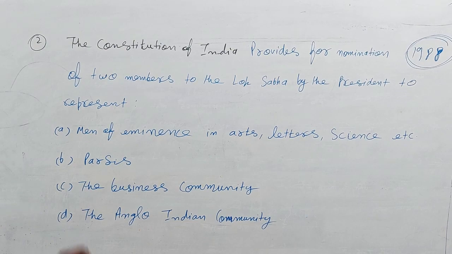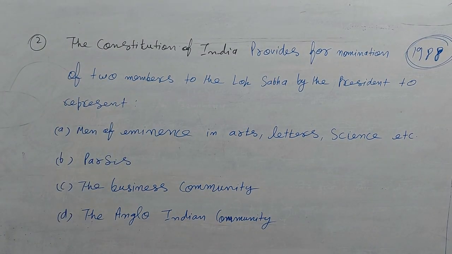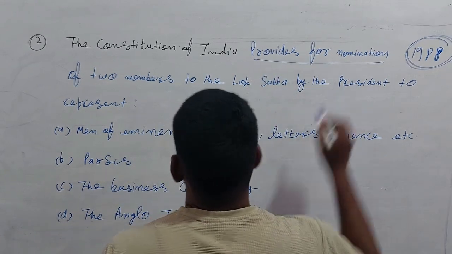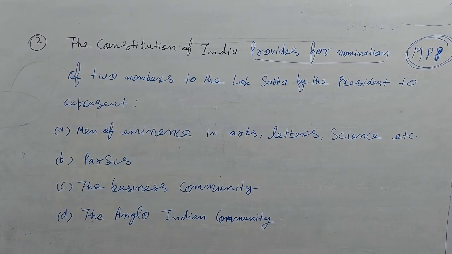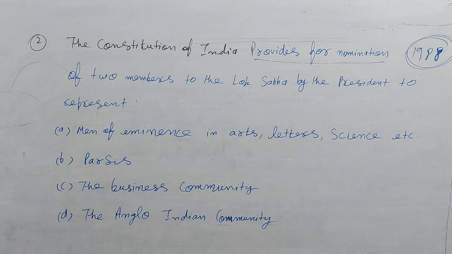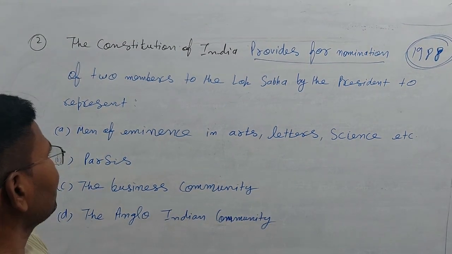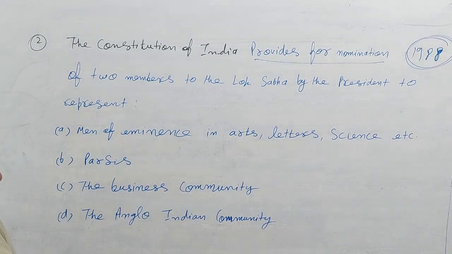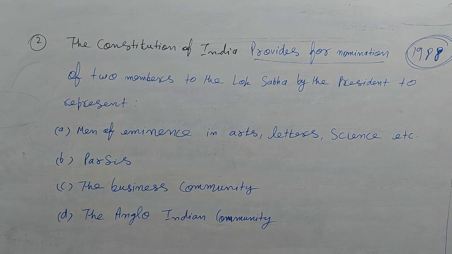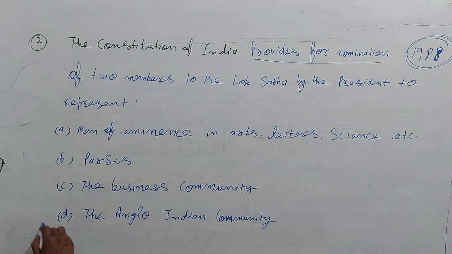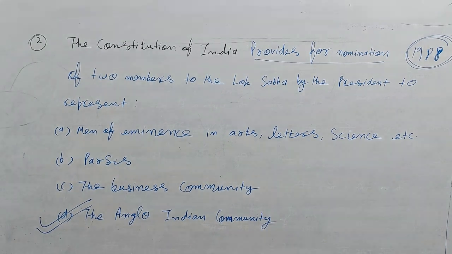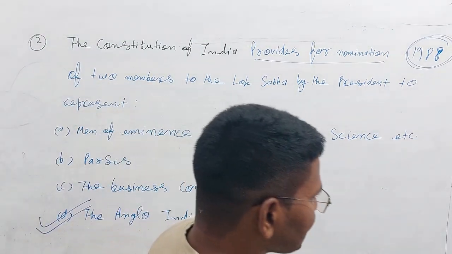The question says the Constitution of India provides for nomination of two members to the Lok Sabha by the President to represent men of eminence in art, letters, science, etc., Parsis, the business community, and the Anglo-Indian community. You should know the Constitution provides for nomination of two members to the Lok Sabha by the President to represent the Anglo-Indian community if it is not adequately represented in the House.